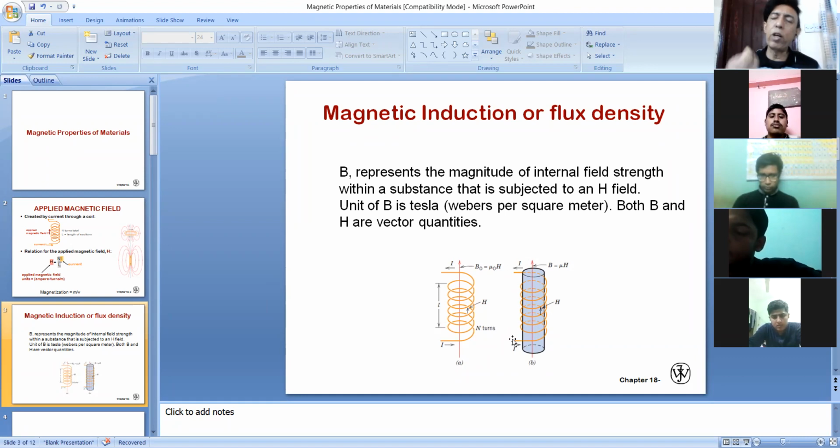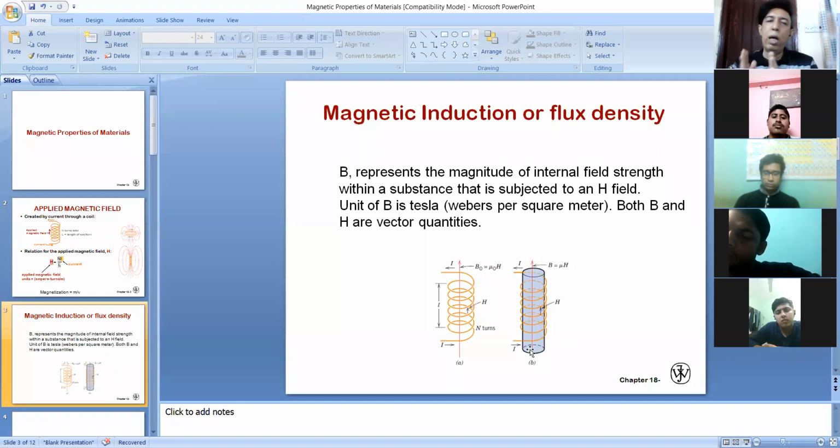In any coil, if you pass electricity, it will become a magnet. In this red coil you have passed electricity, the red coil becomes a magnet, its field strength is H, then this H induced that magnetic material to become a magnet, and after induction, the magnetic material becomes a magnet with magnetic field strength B.